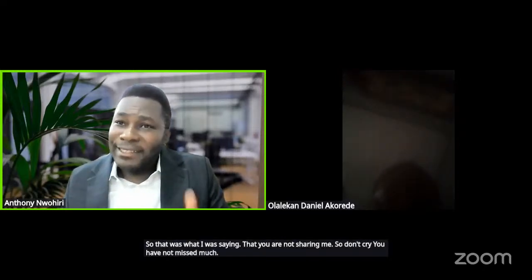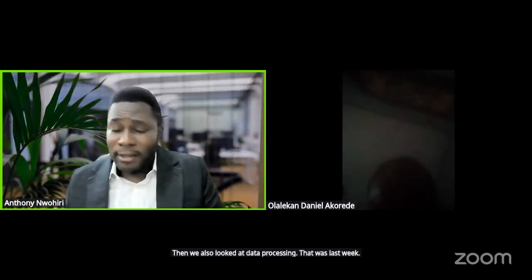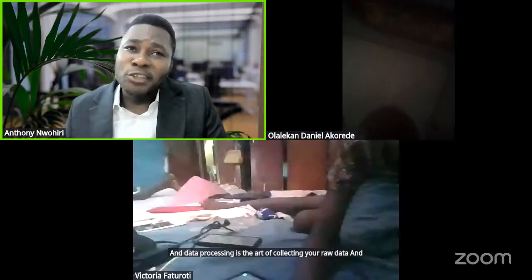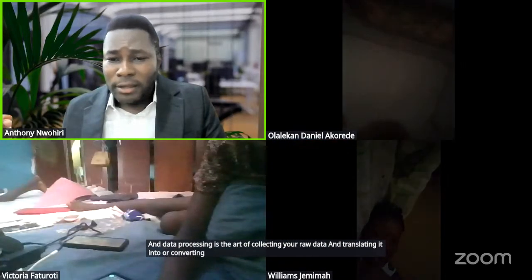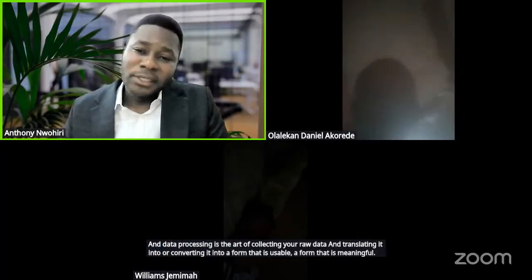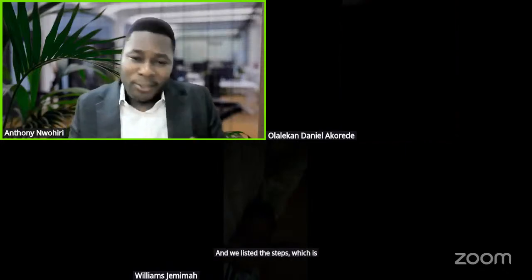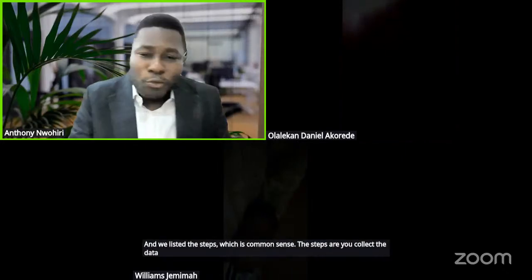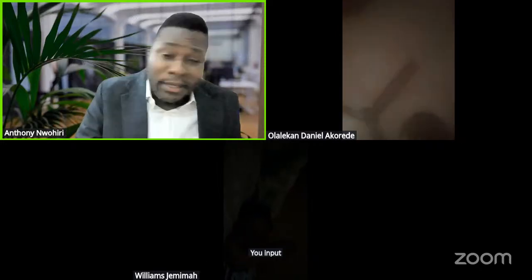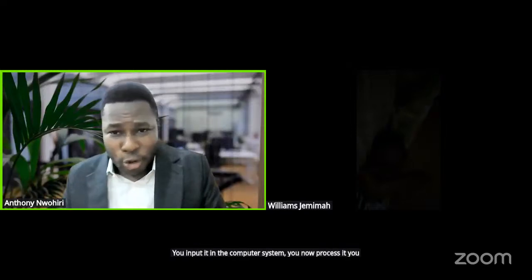Then we also looked at data processing. Data processing is the art of collecting your raw data and converting it into a form that is usable, a form that is meaningful. And we listed the steps, which is common sense. You collect the data, you prepare it for processing, you input it in the computer system, you now process it, you get your result output, and then you can store.